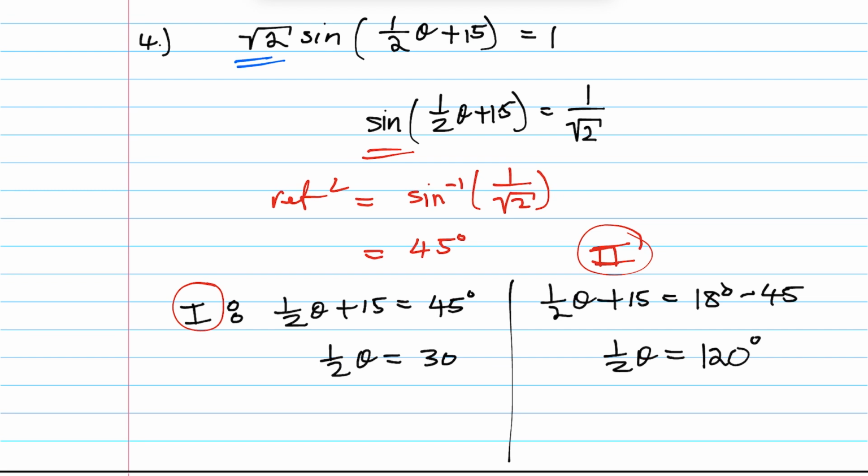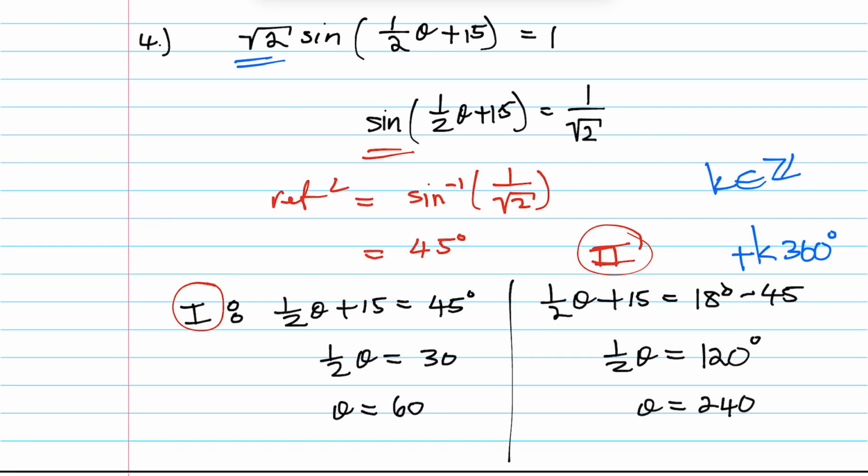We're going to multiply both sides by 2. So that should be 60 degrees, and for this one, 240 degrees. Also, note, this is very important. Here we have already started writing plus k times 360 degrees with k an element of the integers.